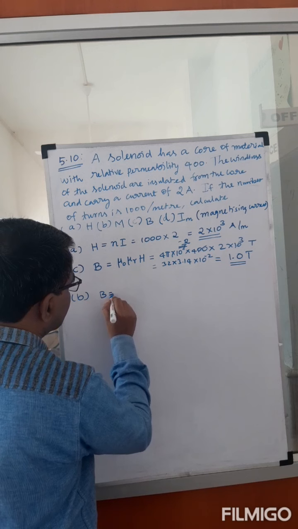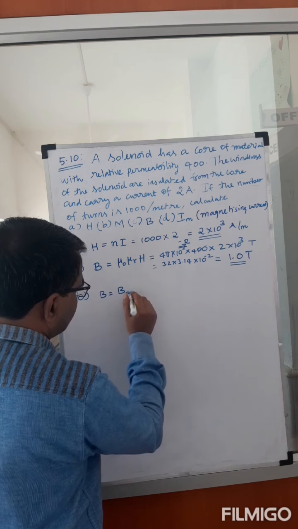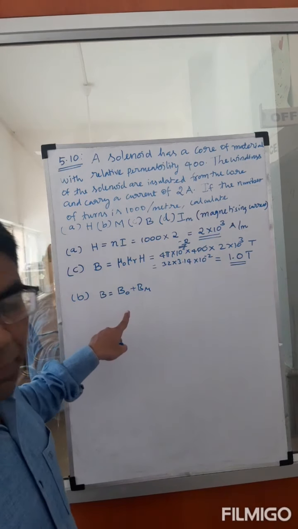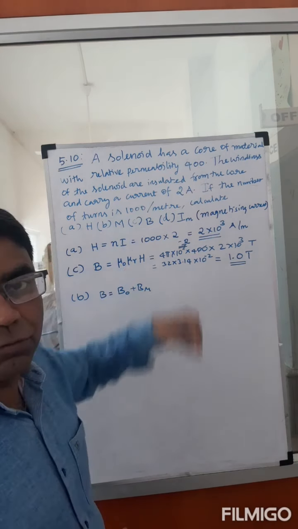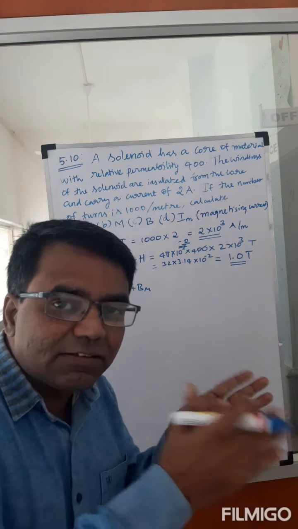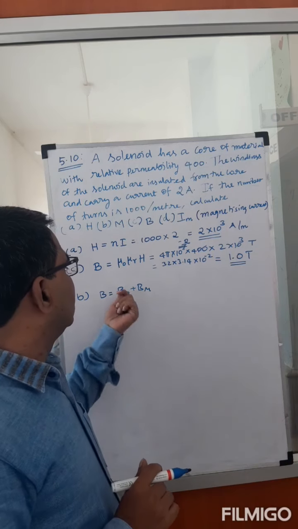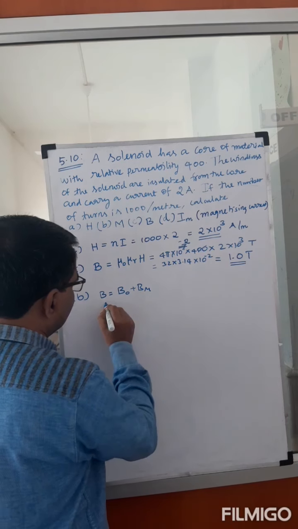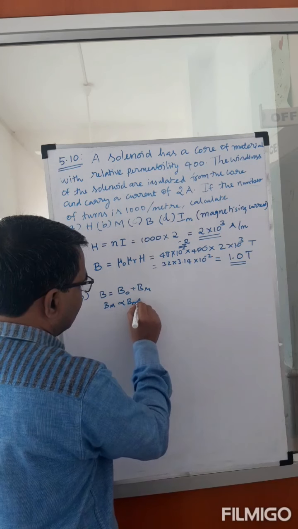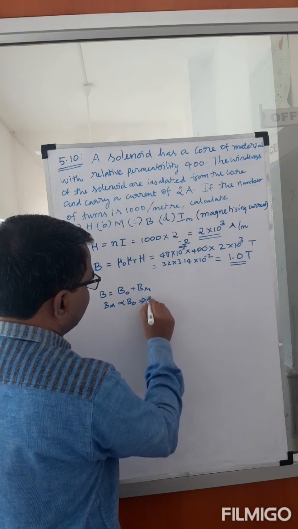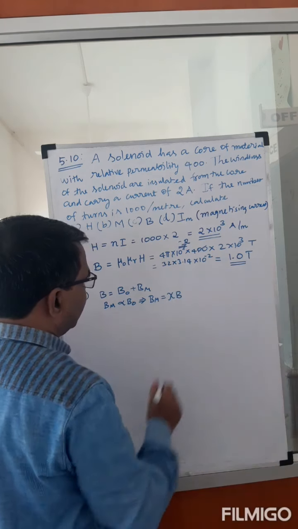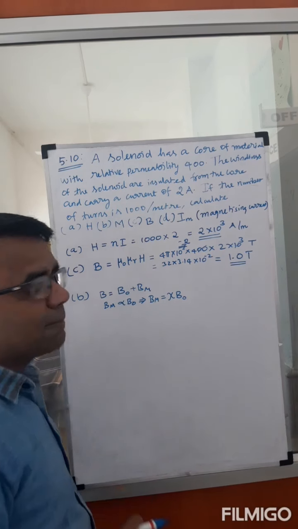This B is B naught plus Bm, right? So B naught is the applied magnetic field with a coil, and Bm is the magnetization that is taking place in the material. So we said Bm was proportional to B naught, and that gave you Bm is equal to xi into B naught. Okay, that's what we saw.